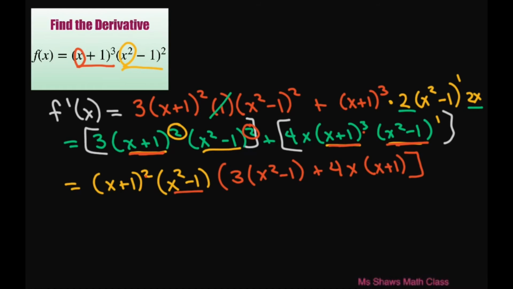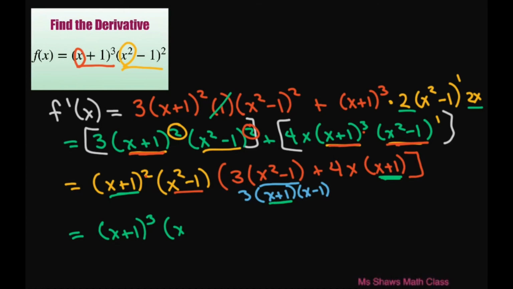Alright, from there, I want us to notice before we move on, this piece right here is 3 times (x plus 1) times (x minus 1), using your difference of squares. So what I can see is that I have 2 of these here, so I can factor this out again. I already have 1, so I'm going to factor that out as (x plus 1) cubed now, because I'm pulling it out.